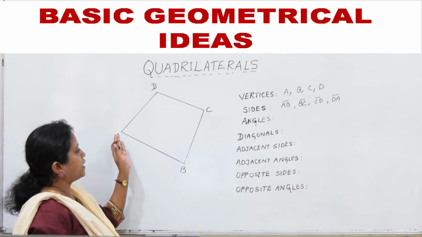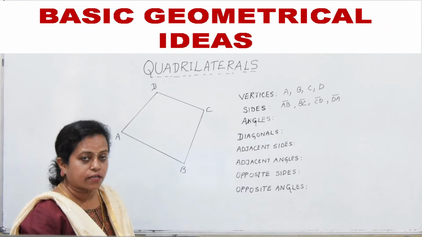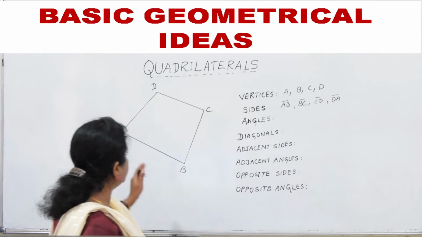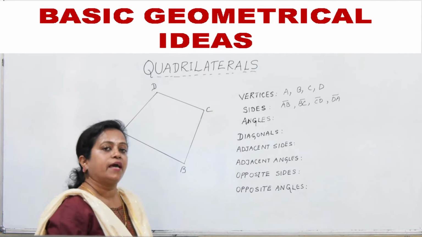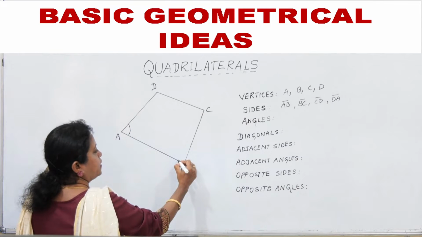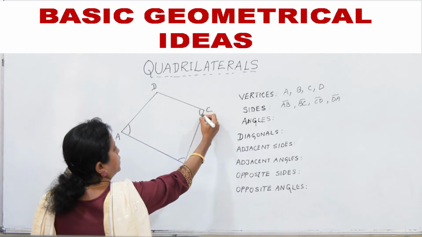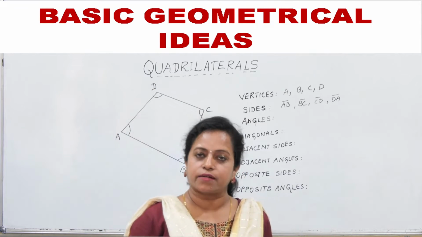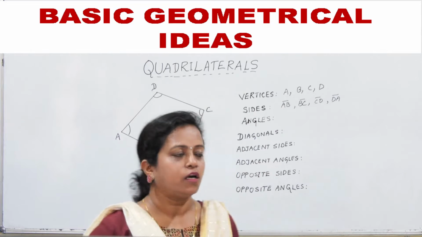Now, you can see at the corners the angles are formed. We learned about angles in the previous class. So, you can see at the corners where 2 sides meet, angles are formed. So, how many angles are formed here? This is 1, another angle at this corner, 3rd angle and 4th angle. So how many angles in a quadrilateral? There are 4 angles in a quadrilateral.